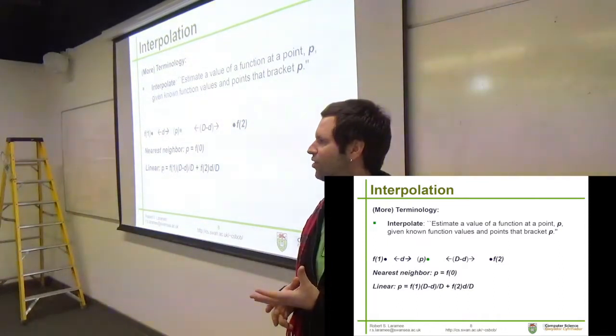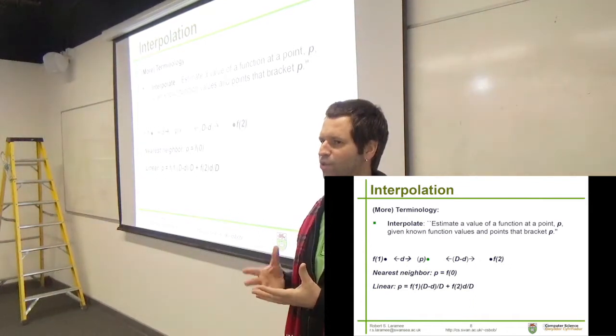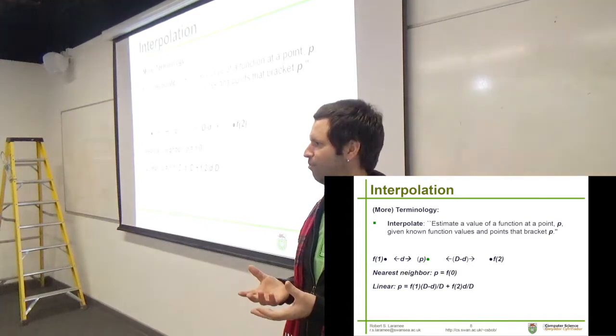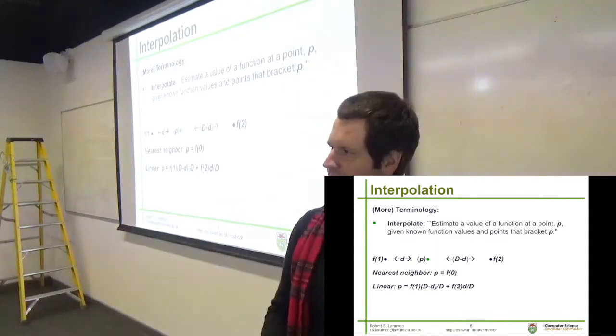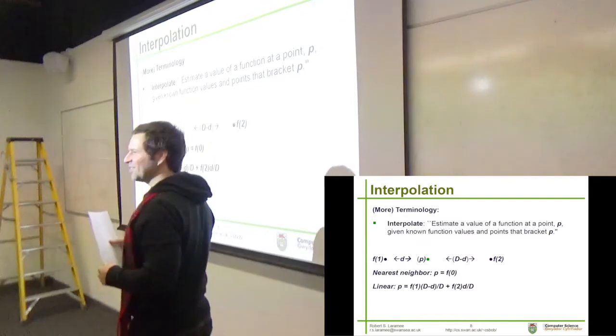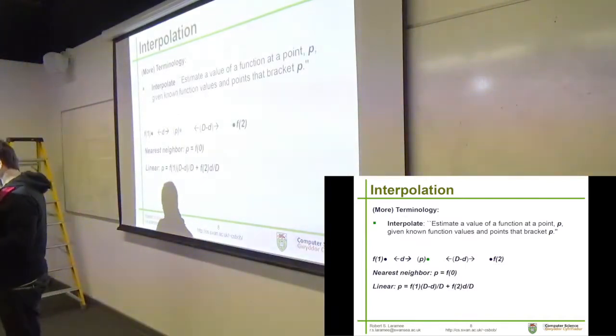Has anybody heard that term before, weighted average? Everybody knows what an average is, how to compute the average of some numbers. Anybody want to explain how to compute the average of some numbers?